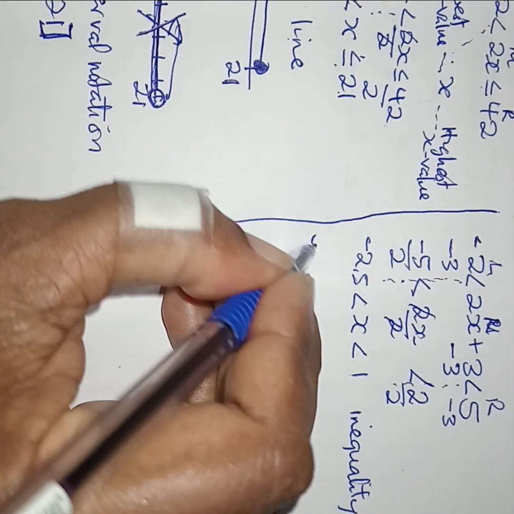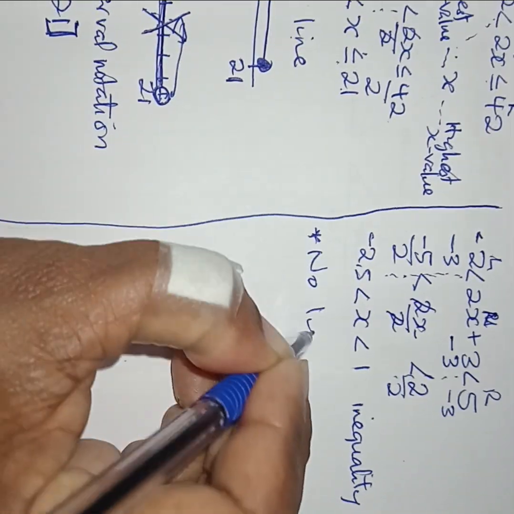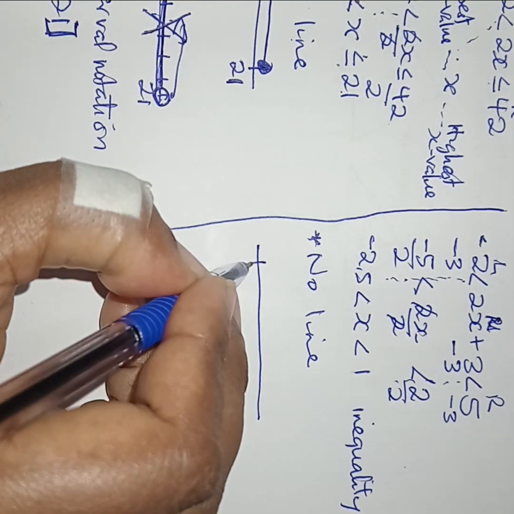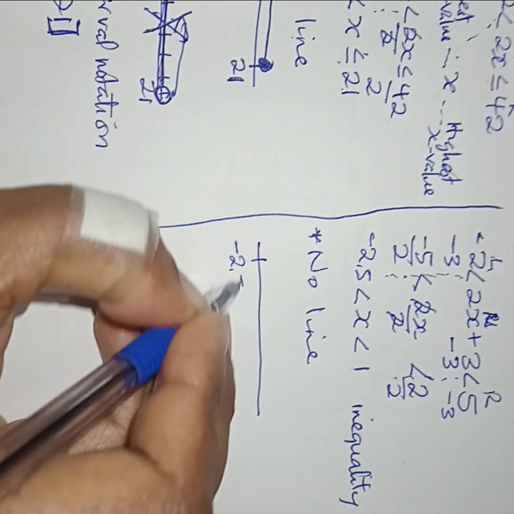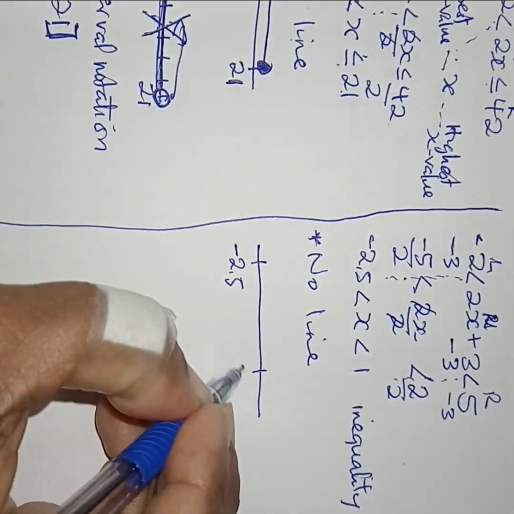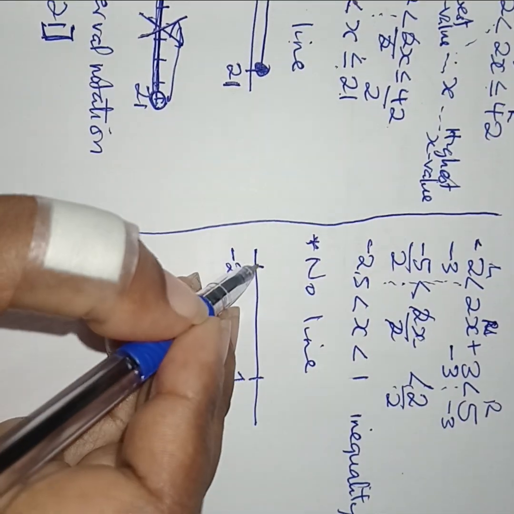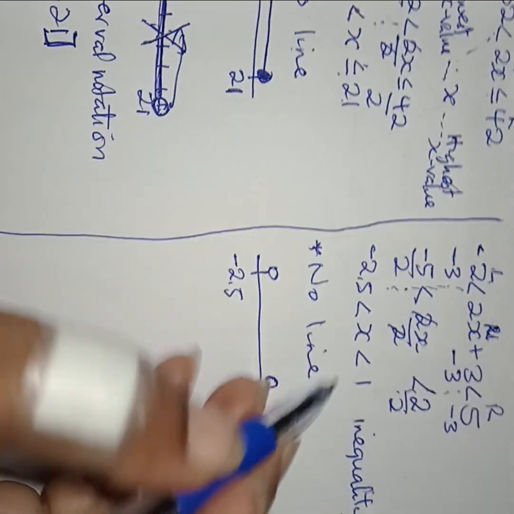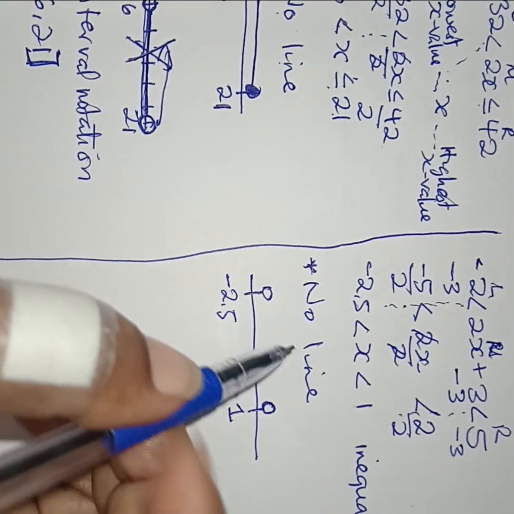Let's put this on a number line. Here's your number line. Here's your lowest x value. And here's your highest x value. Put circles up there, and decide on the shading part.